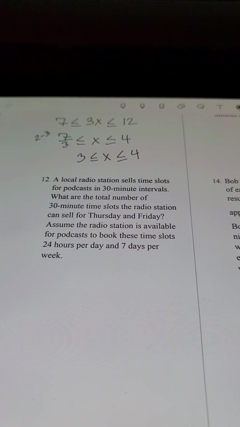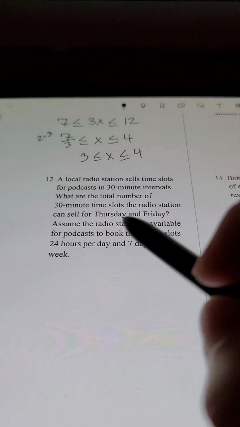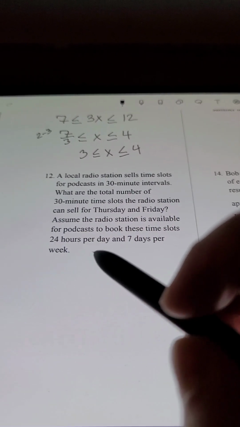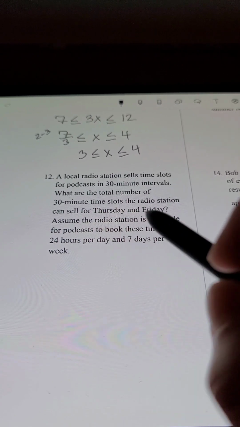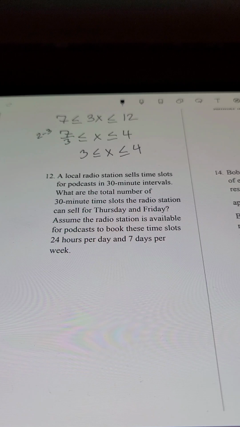Okay, so now pause to read number 12 if you haven't already. So they're open all the time, and there's 2 days that it's open, so 24/7 for 2 days essentially. And they're selling these time slots in 30-minute intervals. So that means every hour there's 2 slots available because there's 2 30-minute slots that fit into an hour.